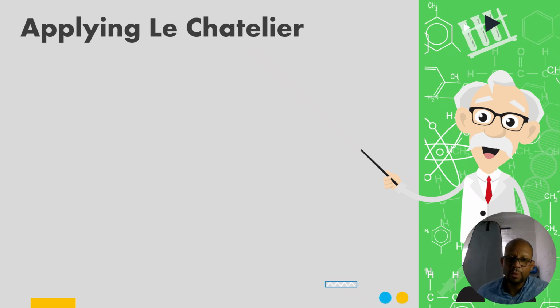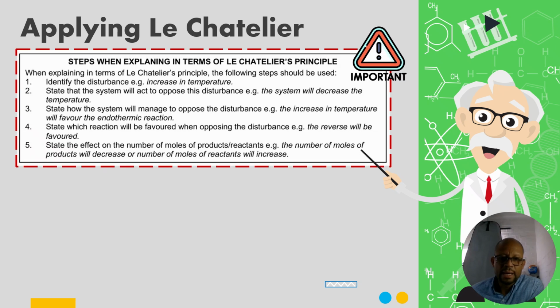Okay, let's look at how we can apply Le Chatelier's principle. But before we do that, we need to understand the steps in explaining how Le Chatelier's principle can be used. Now, point number 1, identify the disturbing factor. Remember the acronym TCP: temperature, concentration, or pressure.